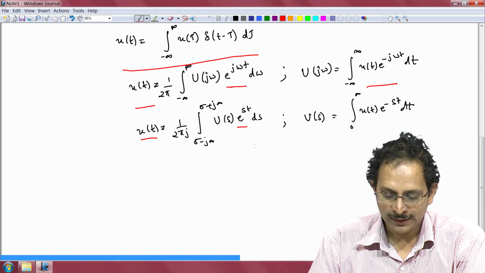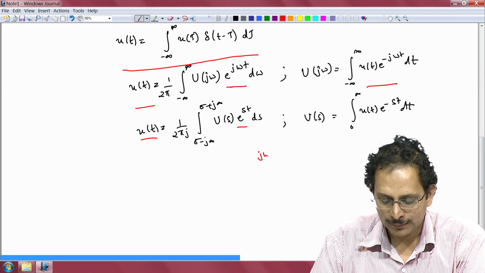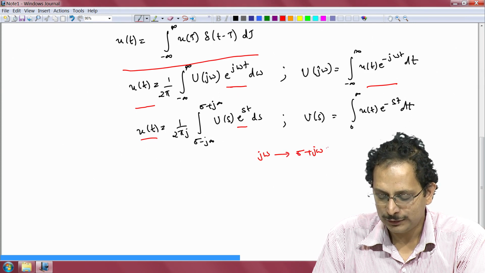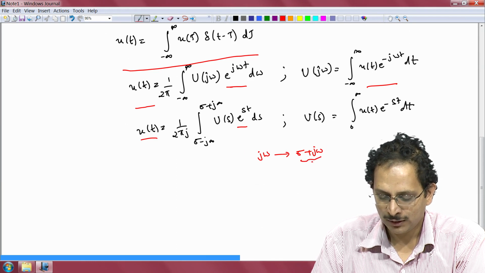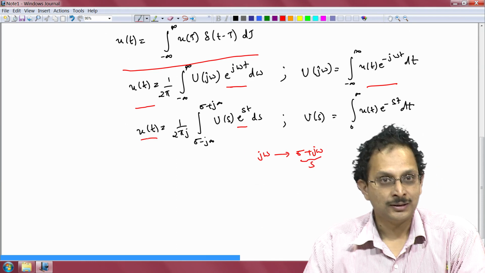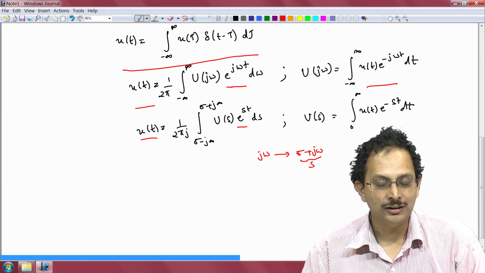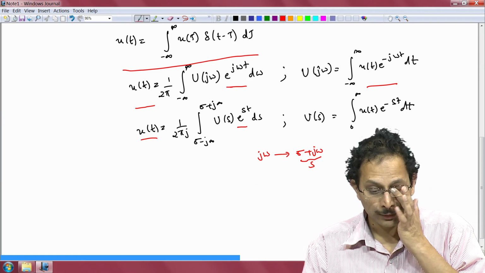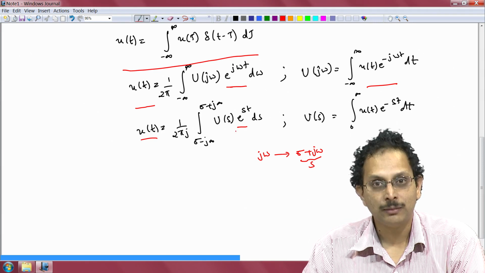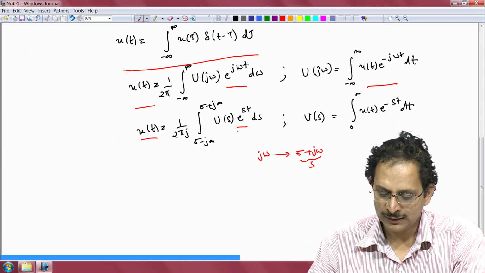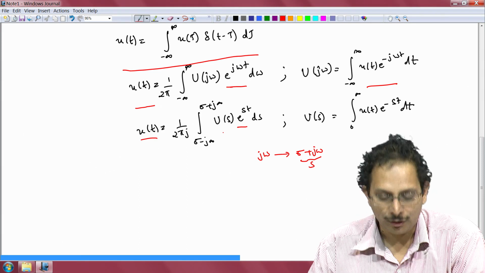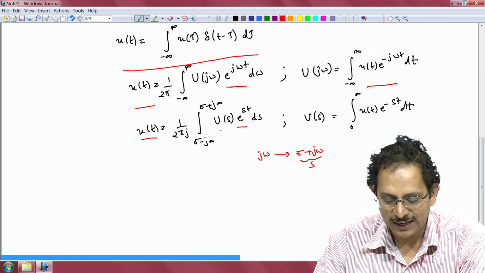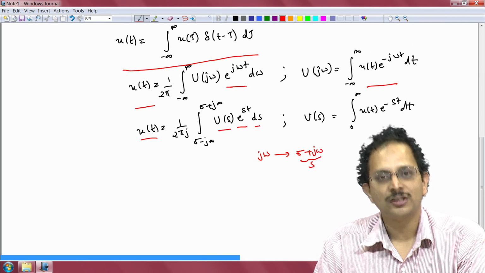So by replacing j omega by the term sigma plus j omega, which we defined as s, we were able to represent a bigger set of signals including those that are of importance to us by using the complex exponential e power st. And the quantity once again of each of these complex exponentials e power st that we need is characterized by the terms u of s times ds.